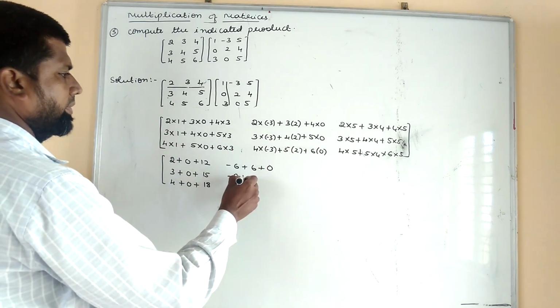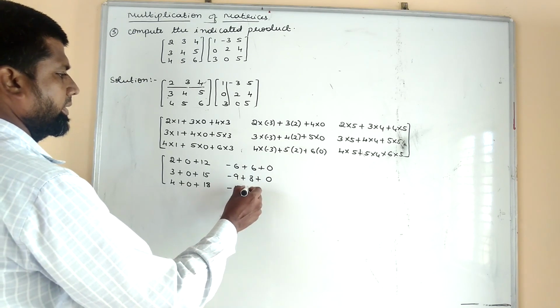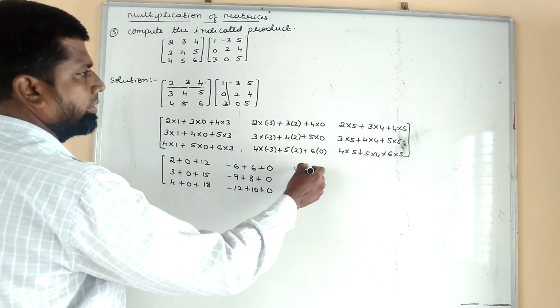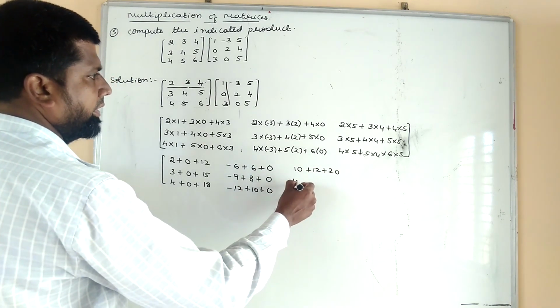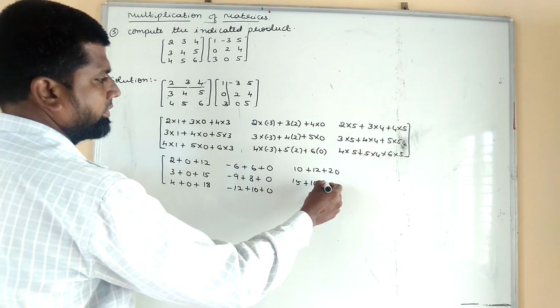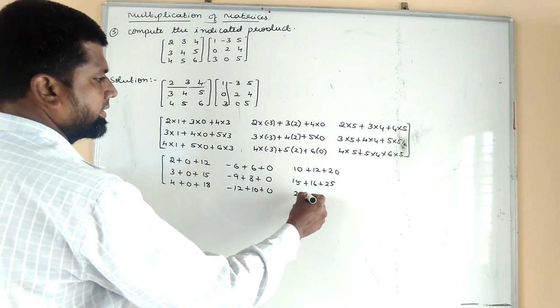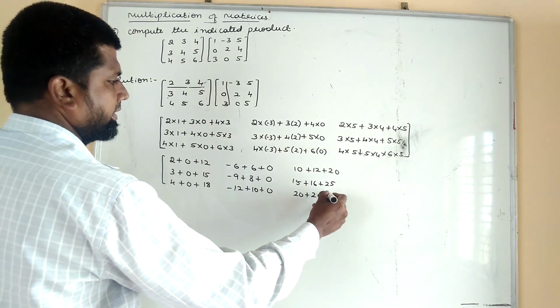Minus 9 plus 8 plus 0. Minus 12 plus 10 plus 0. 10 plus 12 plus 20. 15 plus 16 plus 25. Then 20 plus 20 plus 30.